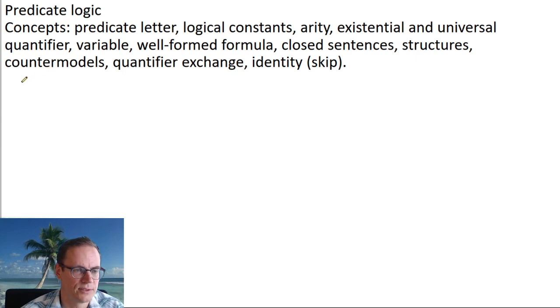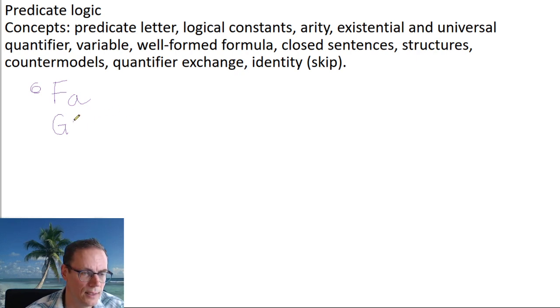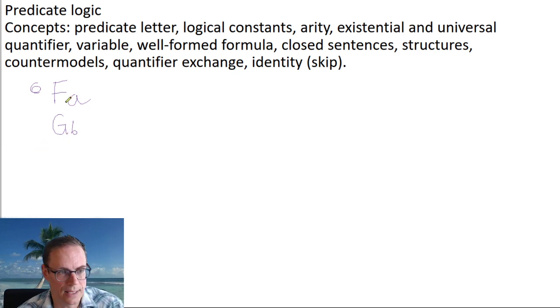So our language is now suddenly very different. Our language is not capital P, capital Q, capital R, but instead we have predicate letters like F and G, and we can make sentences out of these by combining them with logical constants like A and B and C, and you can think of them similar to names like Annie or Billy or Christopher.